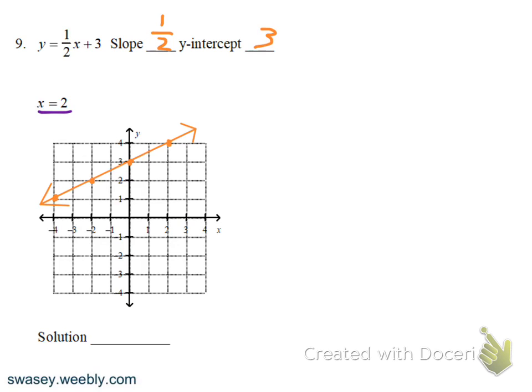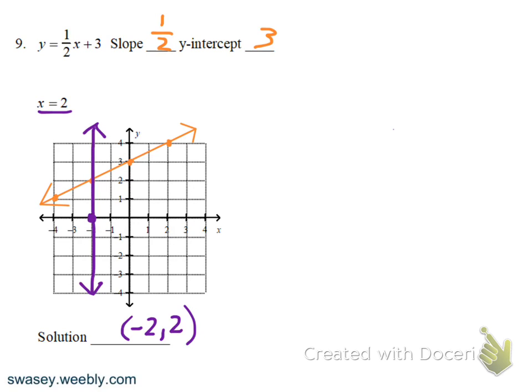And then for this one, you're going to find 2 on the x-axis and then draw that vertical line in. They intersect at the point negative 2, 2.